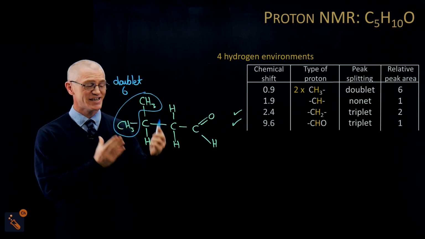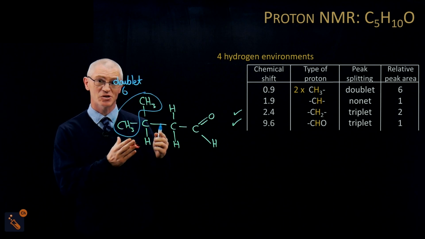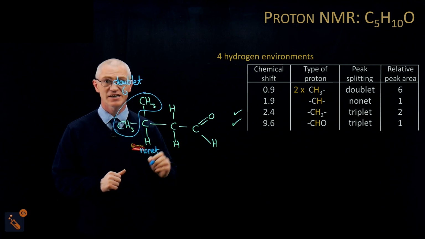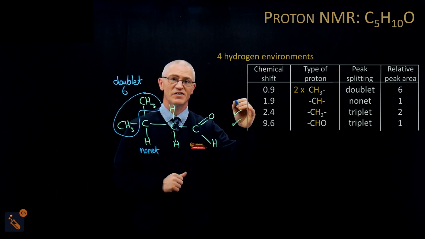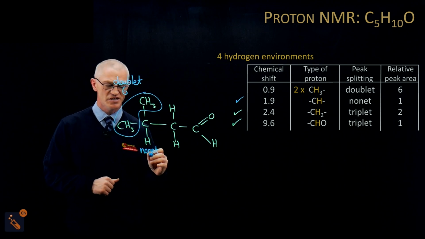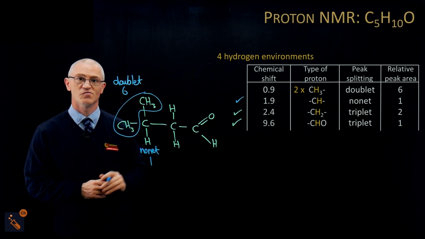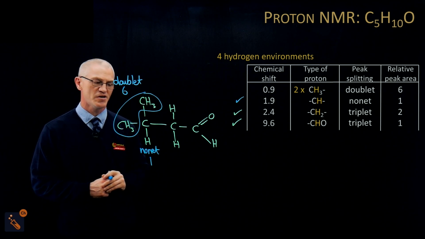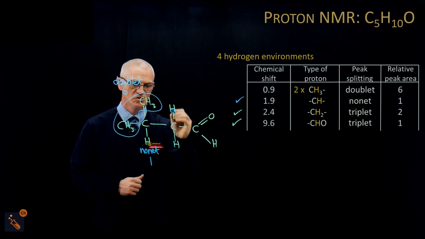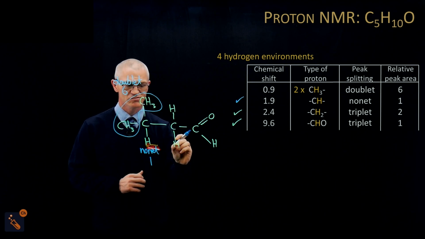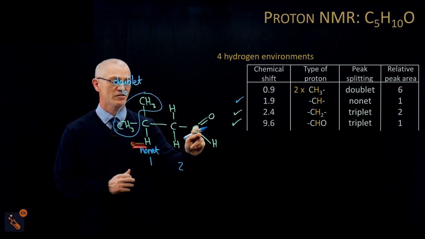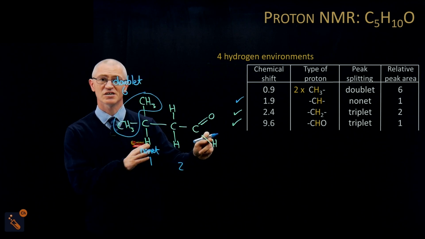Because it's next to 8 hydrogens, it's n plus 1. 8 plus 1 is 9, so we're going to get a nonet. And that is our nonet, so we've now found out definitely that's our nonet, that works out. The nonet with a relative peak area of 1, which is as we've got up there. We then carry on, and we look at this CH2 here. Well, this CH2, relative peak area of 2, is next to that carbon with 1 hydrogen on, that's 2 hydrogens on the adjacent carbon.